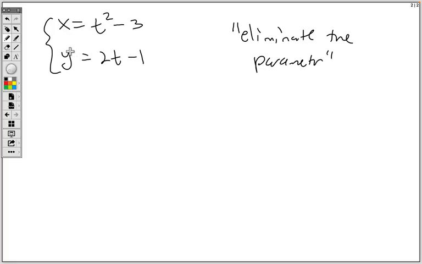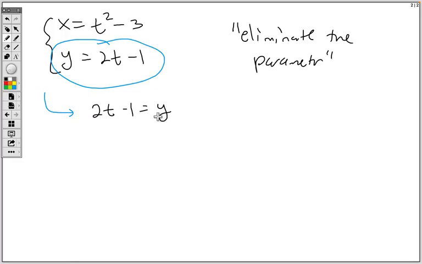So algebraically, one technique is to pick one of these equations and solve one of them for t in terms of x or y, whichever is easier. So I'm going to select the second equation here. I'm going to look at 2t minus 1 is y, and I'm going to solve this equation for t. So I'll add 1 to both sides. So 2t is y plus 1, then divide by 2, y plus 1 over 2.